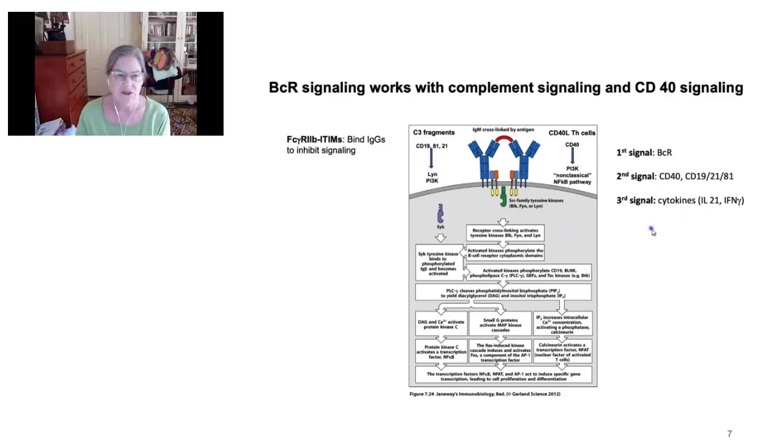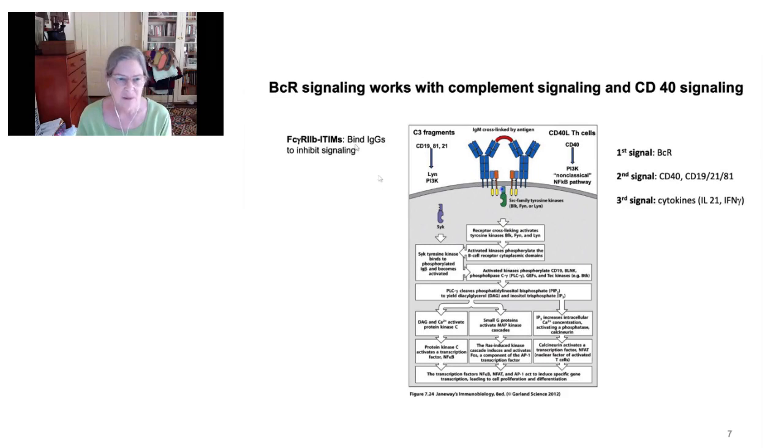And also, I just want to point out that you also have molecules that have these ITIMs on them. Remember, we have these activating markers on the B cell receptor and T cell receptor complexes that, when they get phosphorylated, allow this whole thing to get kicked off.